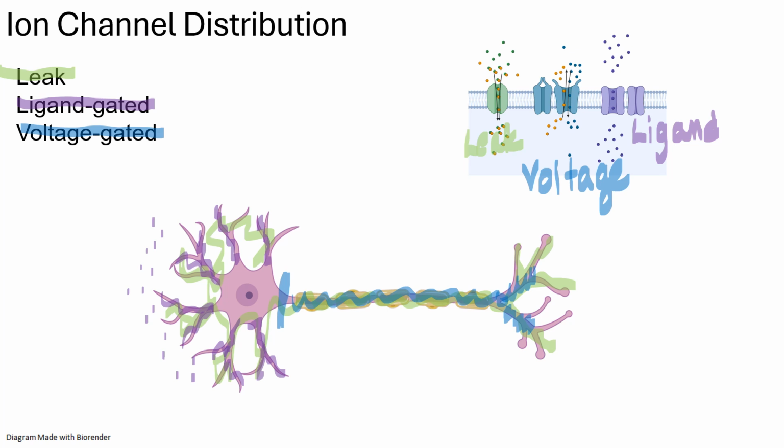These voltage-gated channels all depolarize in a coordinated fashion. If we can generate enough depolarization with these ligand-gated channels, then we can open up enough voltage-gated channels on the axon hillock, and we can get the action potential to hop, skip, and jump down this axon.